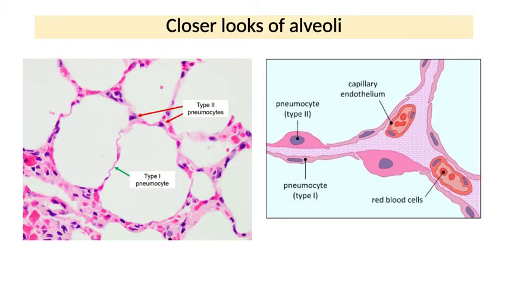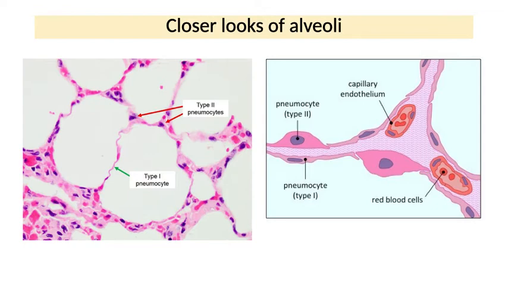The diagram on the right gives a better understanding of what you can see from the picture on the left. Here in the diagram on the right, you can see the difference between pneumocyte type 2 and type 1 very clearly. Pneumocyte type 1 is a cell that is so flat and very thin, while pneumocyte type 2 is a cell that is bigger and shorter and thicker.